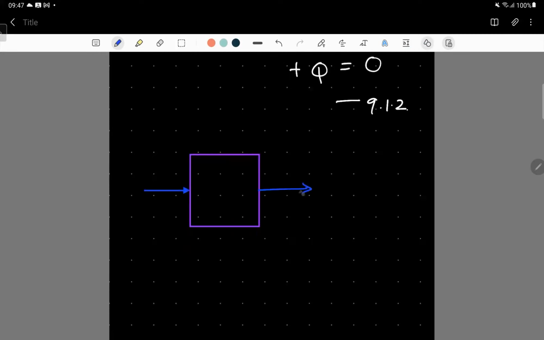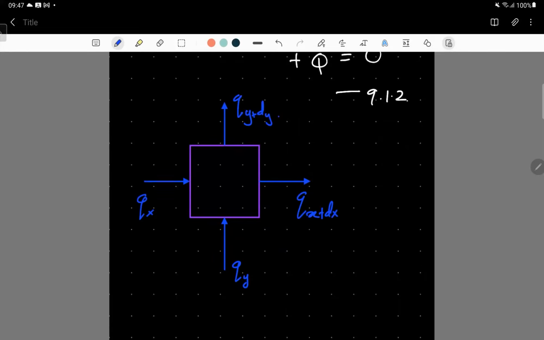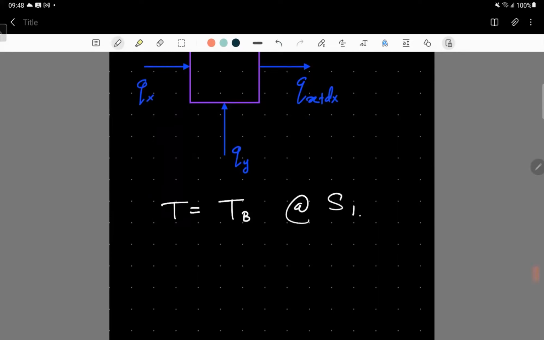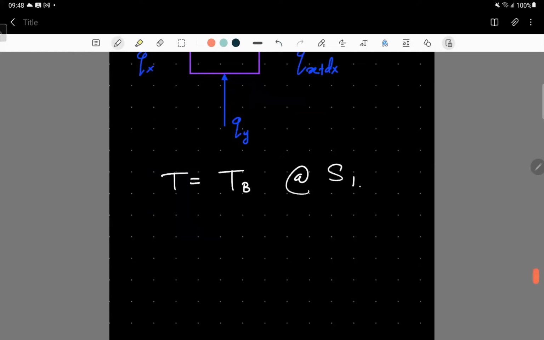Control volume, heat conduction takes place in 2 dimensions, in the x direction and the y direction. So if we apply boundary conditions for a particular surface, we can consider the temperature to be Tb, which is a known quantity. Let's say at surface 1, we can define a surface depending on how you like to define it, of course.